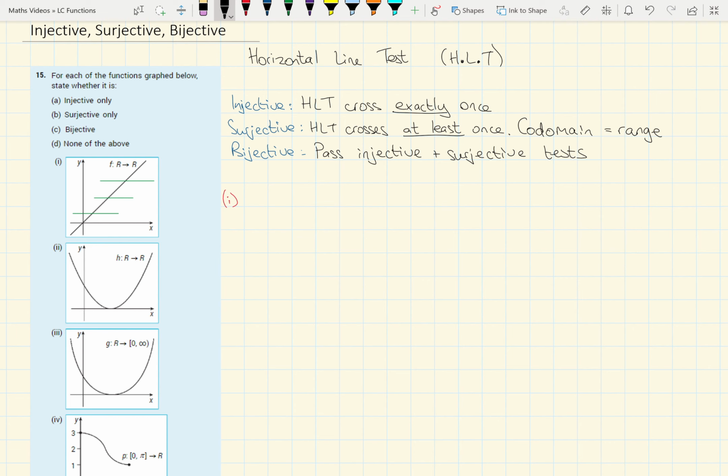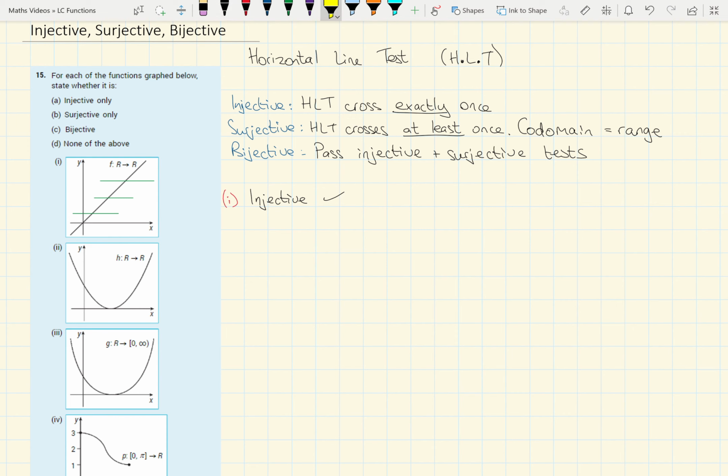Then we'll tick them off as we go. We know it's injective. For it to be surjective, it must cross at least once. That's fine, we've satisfied that. And the codomain must equal the range.